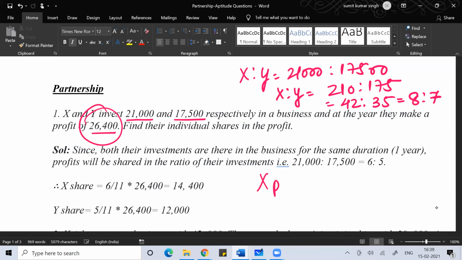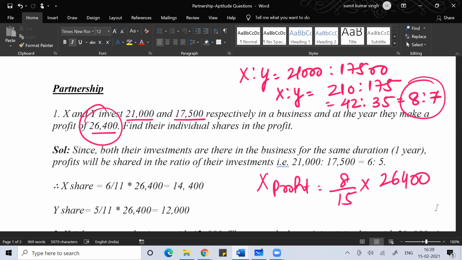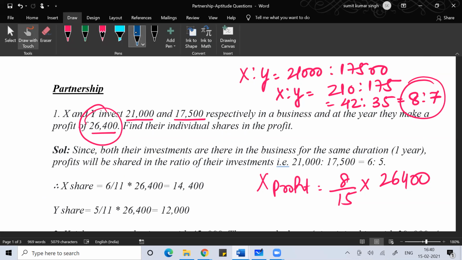How much profit will X get? X will get 8 by 15 part of 26,400, because the ratio of the investment is 8 is to 7. So X will get 8 by 15 part, Y will get 7 by 15 part.